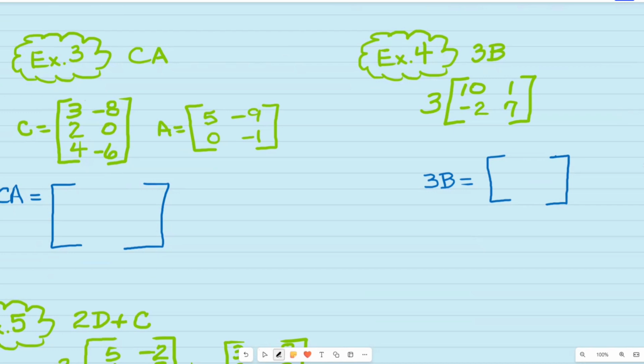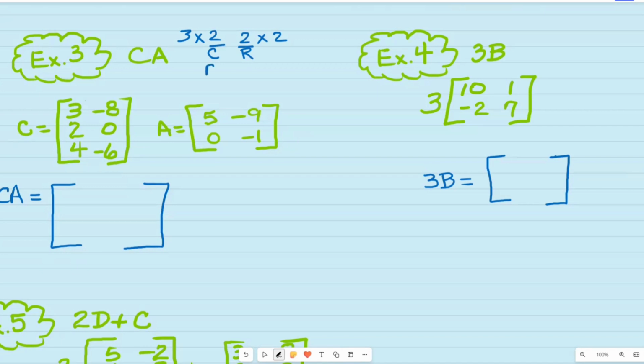That means that if I am looking at matrix C, the order is 3 by 2, where 2 is my column. And for A, I have a 2 by 2, where this first 2 is my row. So my column and my row have to be exactly the same.